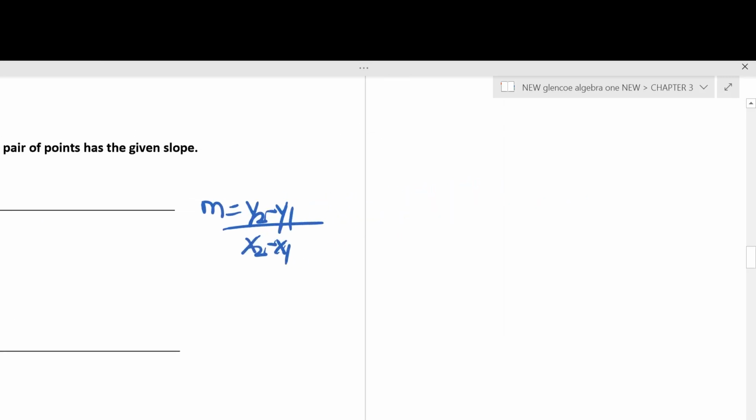Let's plug everything into the slope formula, which would be 1 equals negative 2 minus 8 over r minus 6. So this is going to be a slope of 1, or we could say 1 over 1.